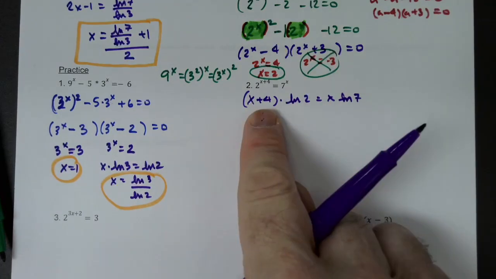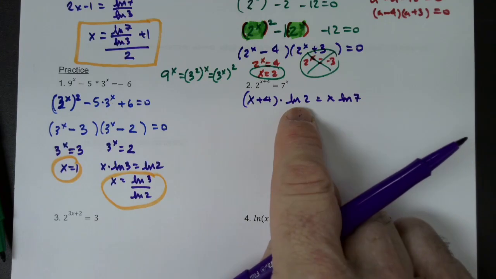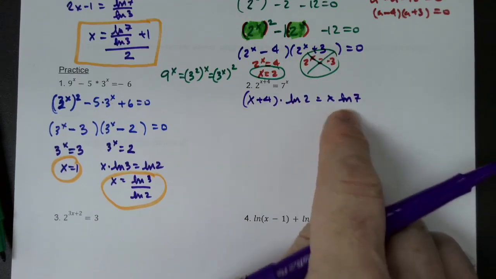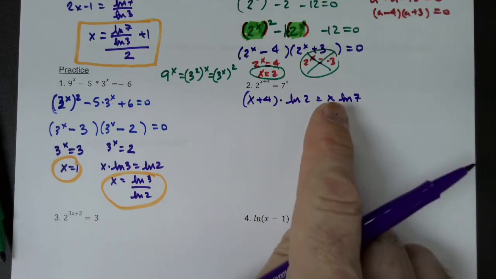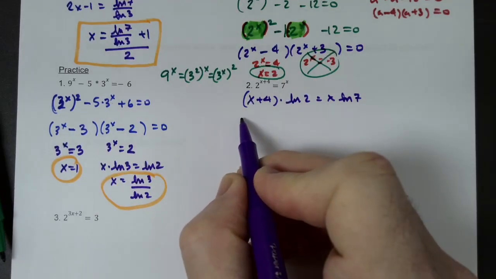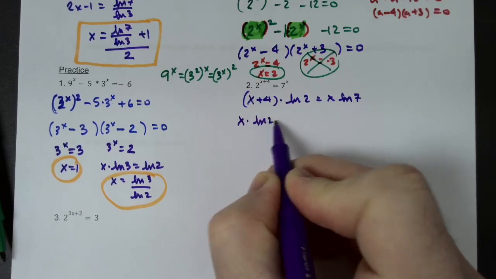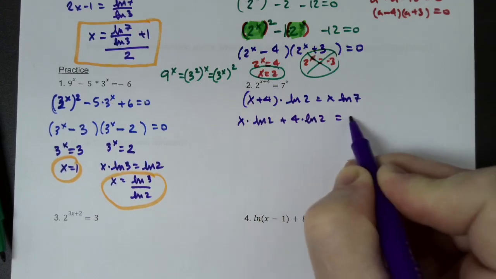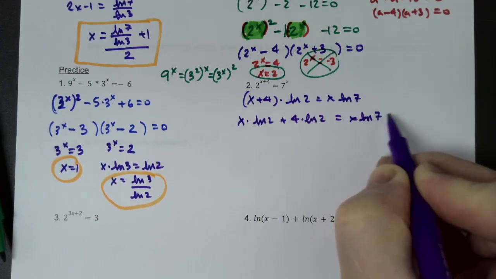This time I have an x here and an x here, so I will not be able to just divide by the natural log of 2. I need to combine the x terms, so we're going to have to distribute and get x times the natural log of 2 plus 4 times the natural log of 2 equals x times the natural log of 7.